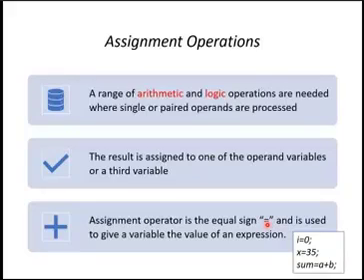The result from this operation is assigned to one operand variable. You already know what a variable is, so you need to assign the operand with the correct variable. It can be single, it can be third, and so on, depending on how many variables are needed for that particular operation.